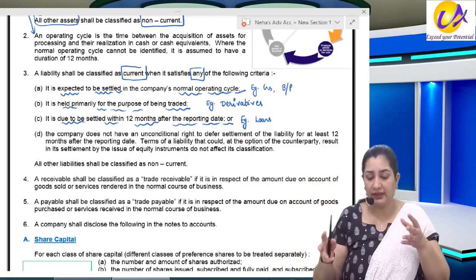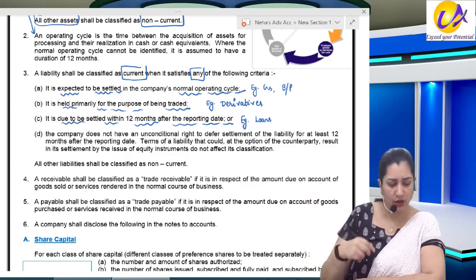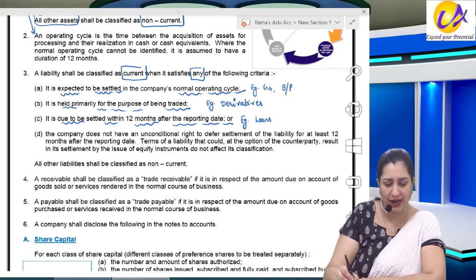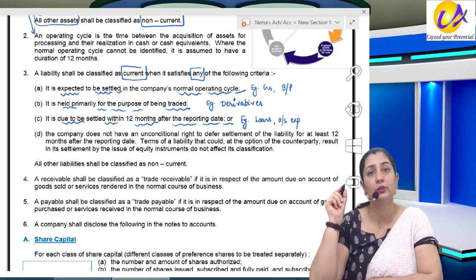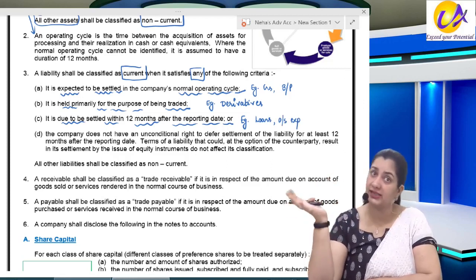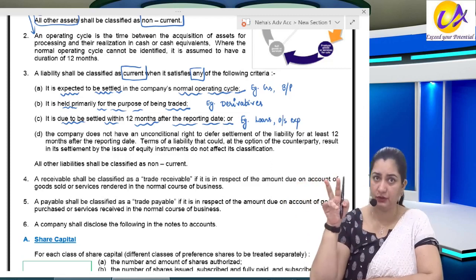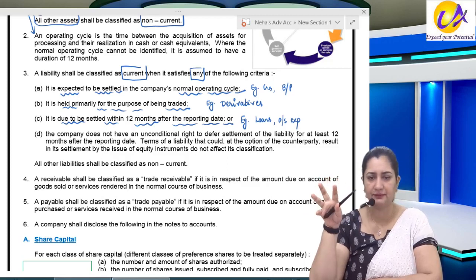So it is possible that short-term loans or outstanding expenses are there, and we are expecting that we will have to pay them within 12 months. So yes, we will show them over here. Payable within 12 months. Now loans can be long-term, loans can be current, both possible. So we will see examples for this also. So it could be coming here.